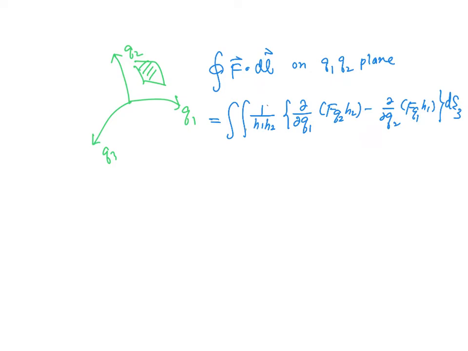So this is basically curl of F over Q1, Q3 component.